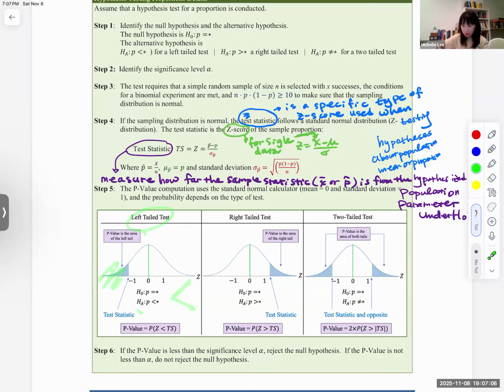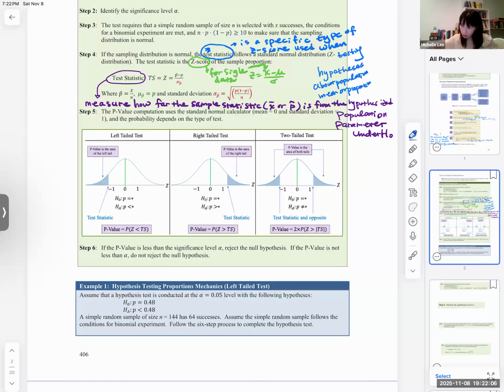The right side is the right tail test. Then we use the two tail test for not equal to. Do you understand what we are doing? Okay, very good.